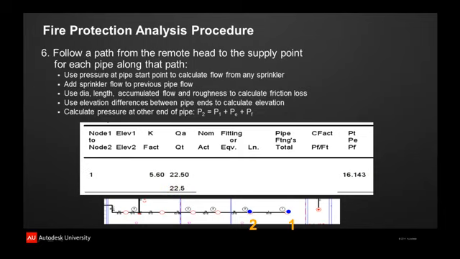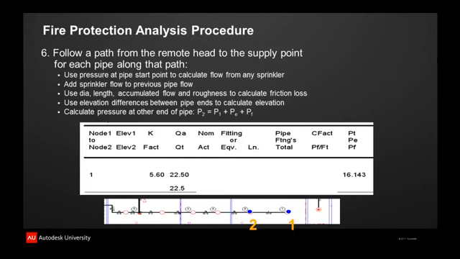All right, then, on to step 6. And this is the step that repeats itself over and over, following a path from the remote head to the supply point for each pipe along that path. Part 1 of step 6 is use the pressure at the pipe start point to calculate the flow from any sprinkler.